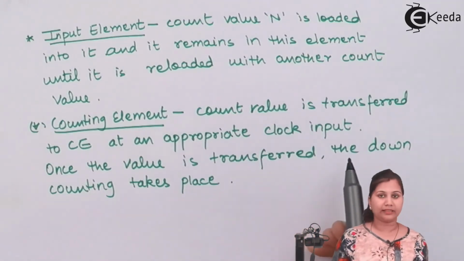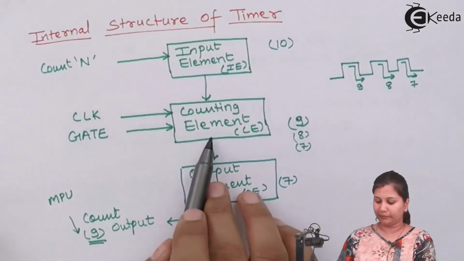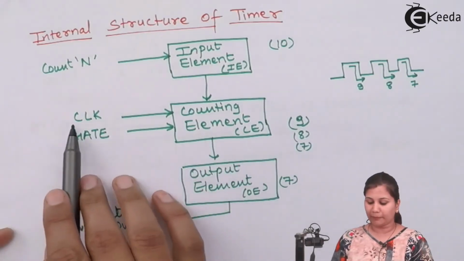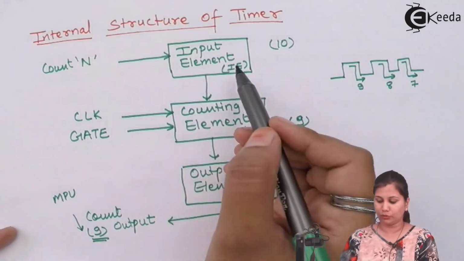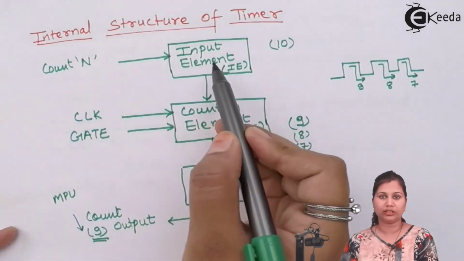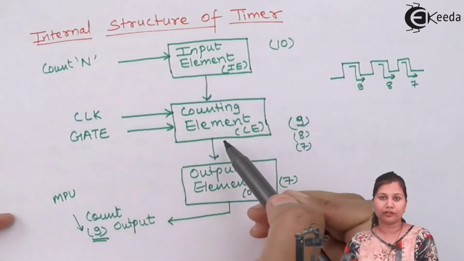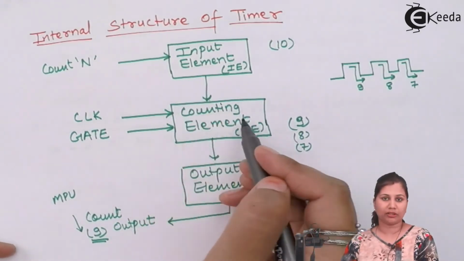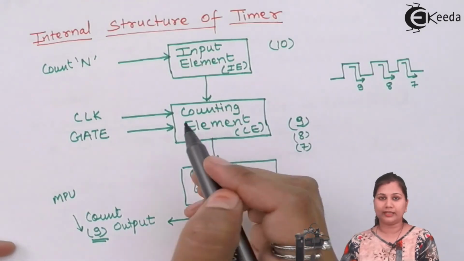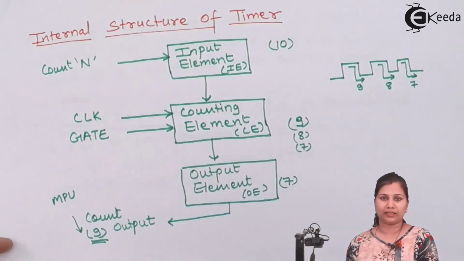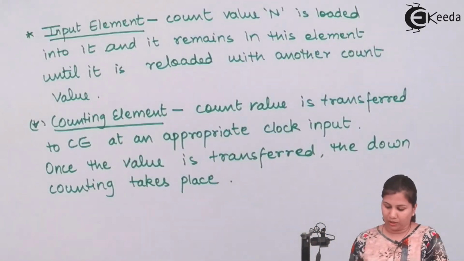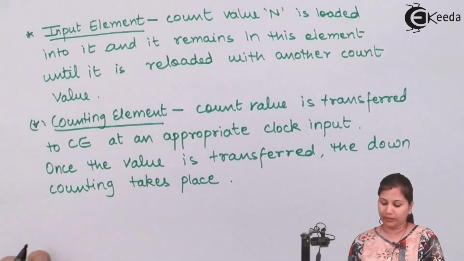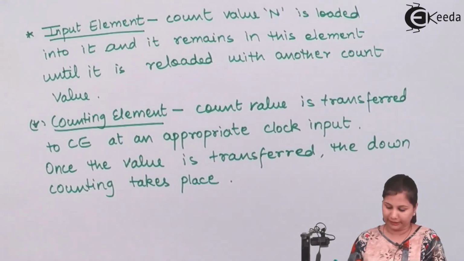You can see in the diagram that the clock input and the gate input are connected to the counting element. So at an appropriate clock input, this count which is loaded into the input element is transferred to the counting element, and once the count has been transferred into the counting element, the down counting, that is decrementing the count, starts. Now the current value of the count is available at the output element.